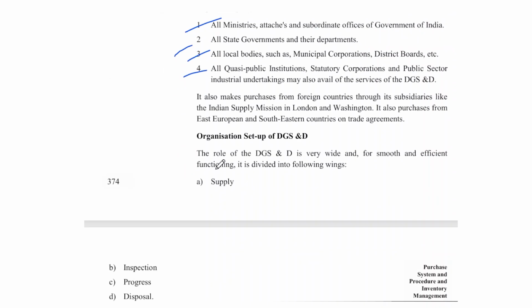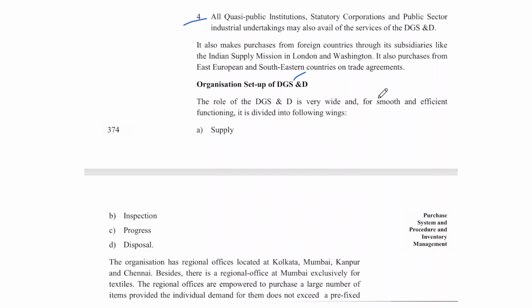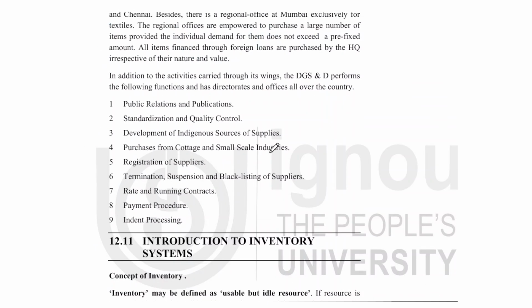Okay, the organizational setup of DGS&D. The role of the DGS&D is very wide, and for smooth and efficient functioning, it is divided into supply, inspection, progress, and disposal wings.